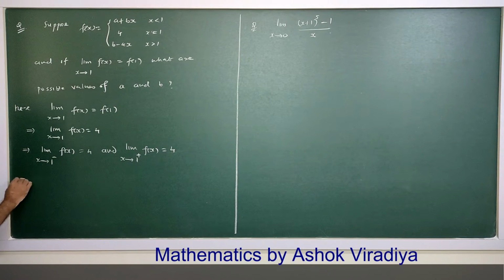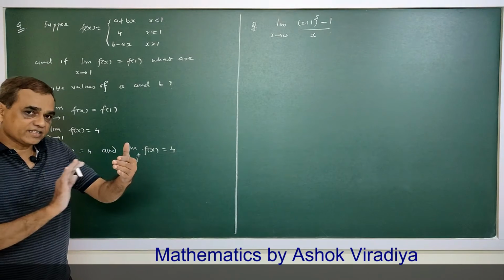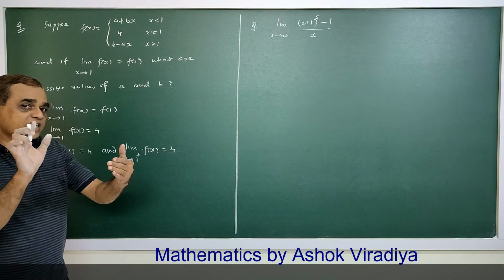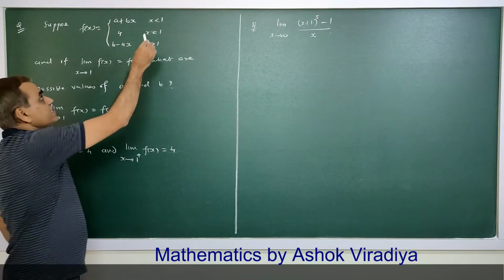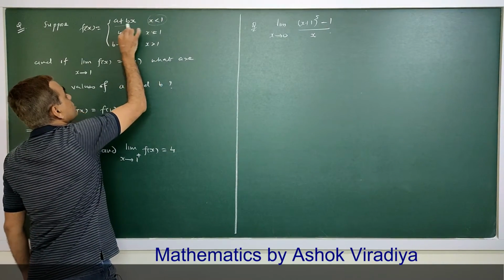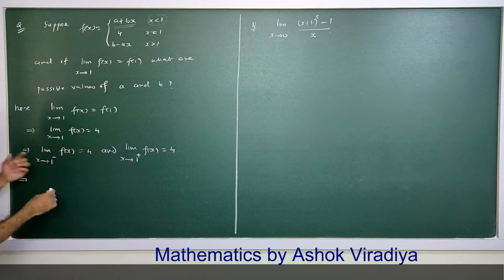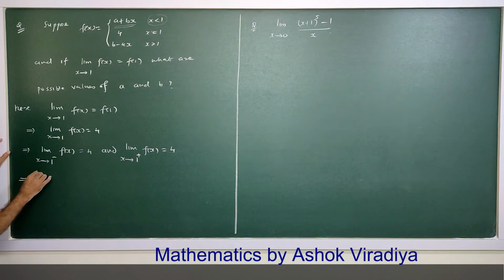Now x tends to 1 from left means x is coming towards 1 from left side. So all x are less than 1, and if x is less than 1 we use this formula. So here I keep a plus bx.